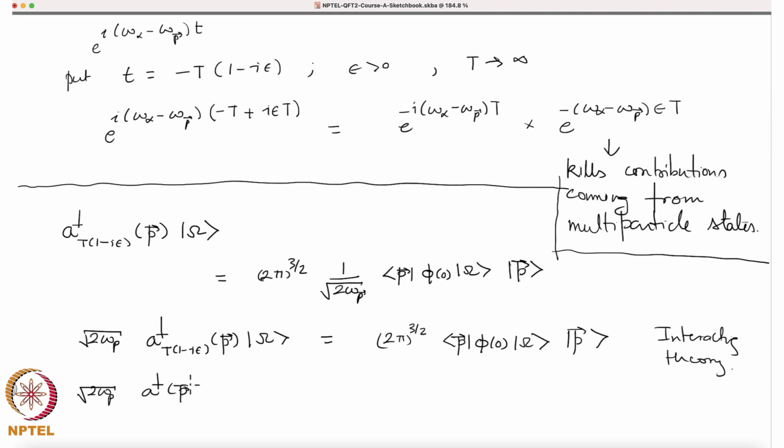Remember, A dagger in that case did not depend on time at all, so there is no subscript here. And when it hits the vacuum, you get a single particle state. So it's exactly the same thing except for these factors.